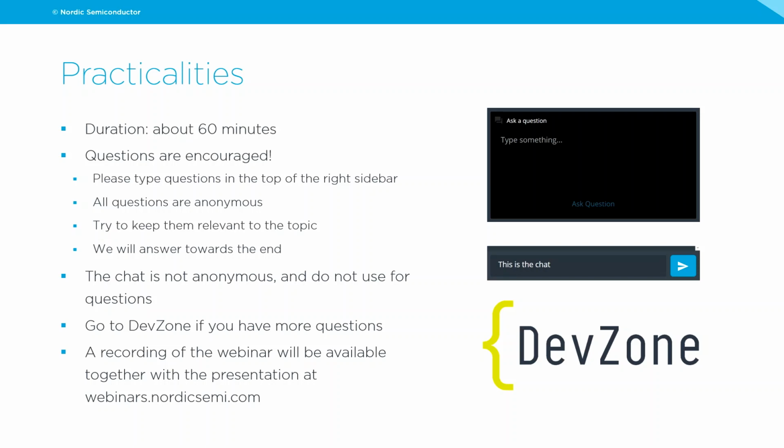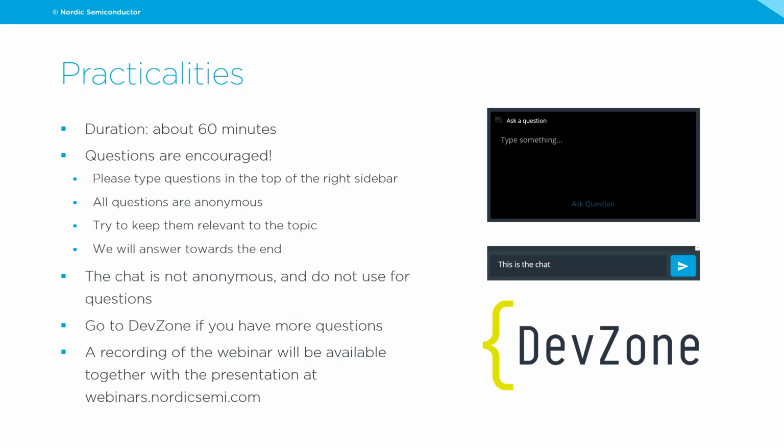First, some practicalities. The duration of this webinar will be about 60 minutes. Questions are highly encouraged. You can enter questions in the top right sidebar. All questions are anonymous, and we ask you to please try and keep the questions relevant to the topic. We will answer questions towards the end in a separate Q&A session. The chat is not anonymous, and you should not use that for questions.